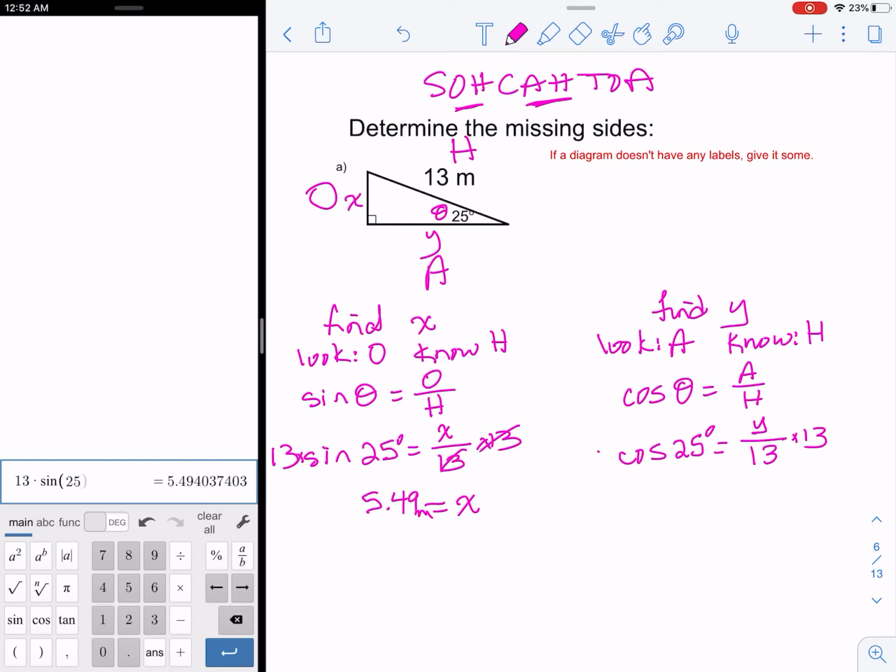Multiply both sides by 13, and so y equals 13 times, whoops, I forgot to clear, 13 times the cosine of 25 degrees, which is equal to 11.78 meters. Okay, how'd you do?